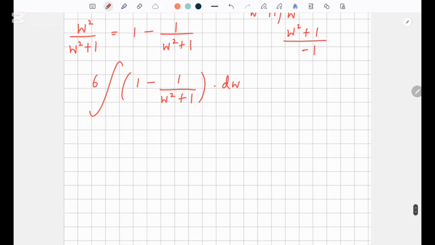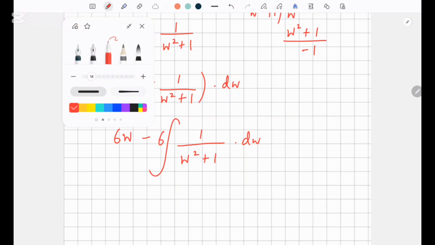So how do you integrate this? We can leave the 6 aside for now. What's the integration of 1 in terms of w? So it's w, right? Minus the integration of 1 over w squared plus 1 dot dw. Now how do you integrate that?